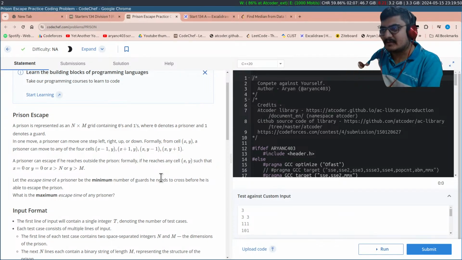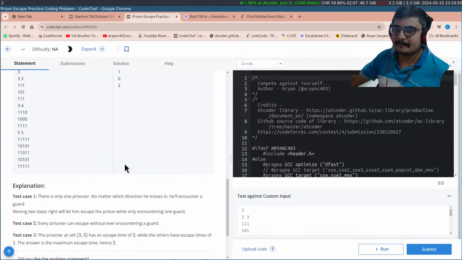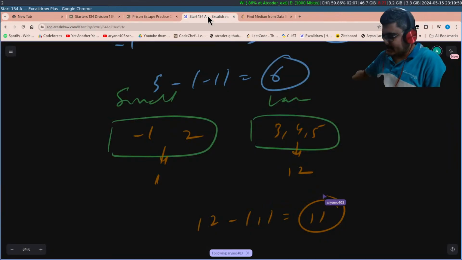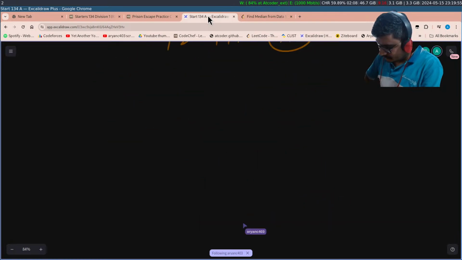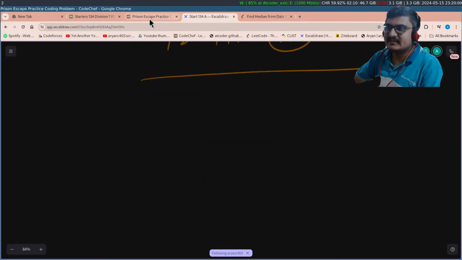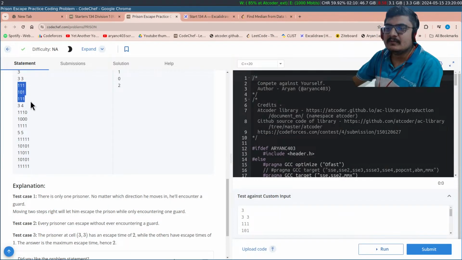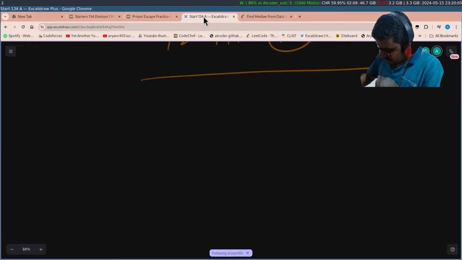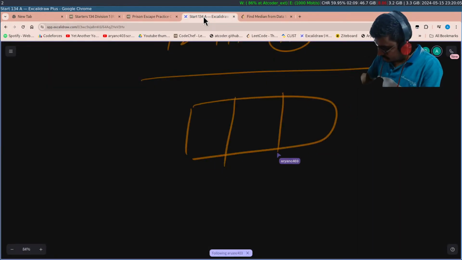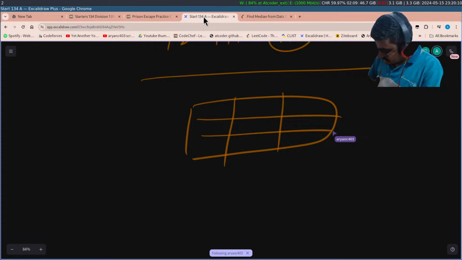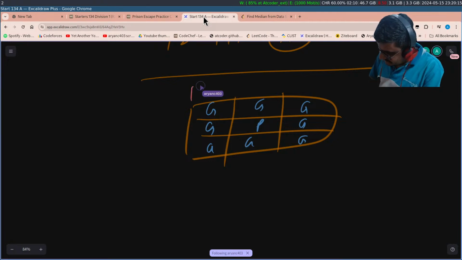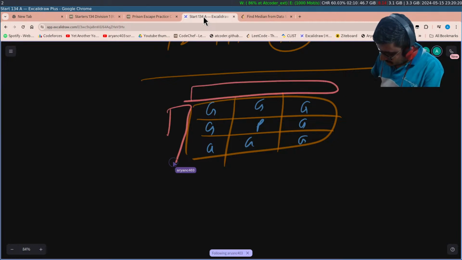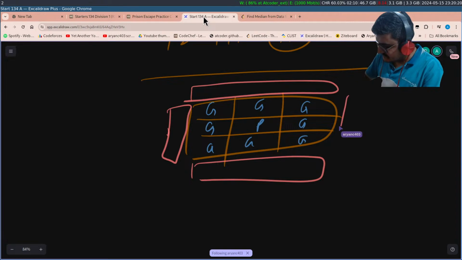So what has been given to us is a grid. Let's take the first sample itself. It says we have a 3x3 grid. Here there is a prisoner, and at all the other places we have guards. If the prisoner reaches this area, then he will be set free.